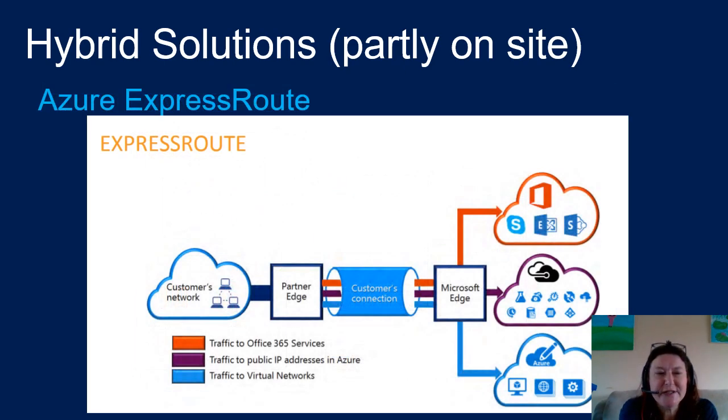This is the Azure solution to hybrid solutions. That's kind of the equivalent to Direct Connect in AWS. So it's called Azure ExpressRoute, and it's actually right to left instead of left to right in this case. But the customer's network, as you can see, is on the left. It accesses the partner edge, which you can think of as AT&T or an ISP connection, and then it connects via the Microsoft Edge to the Microsoft network, including the Azure network of this customer.